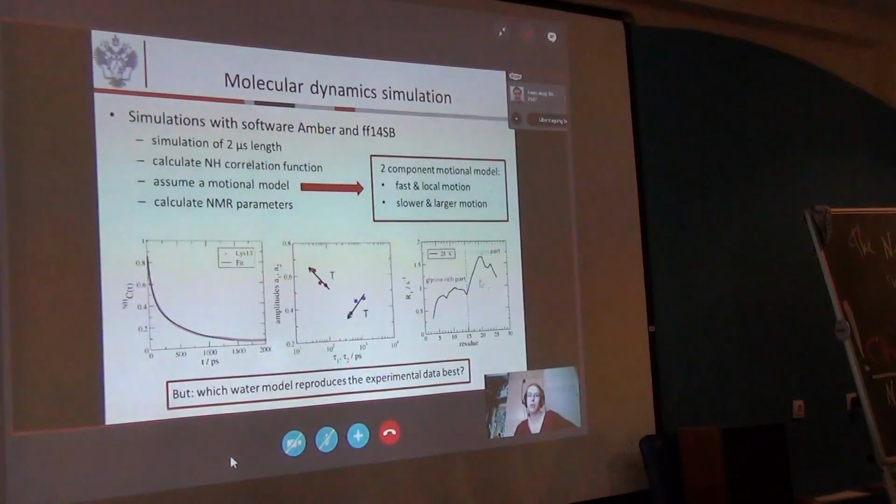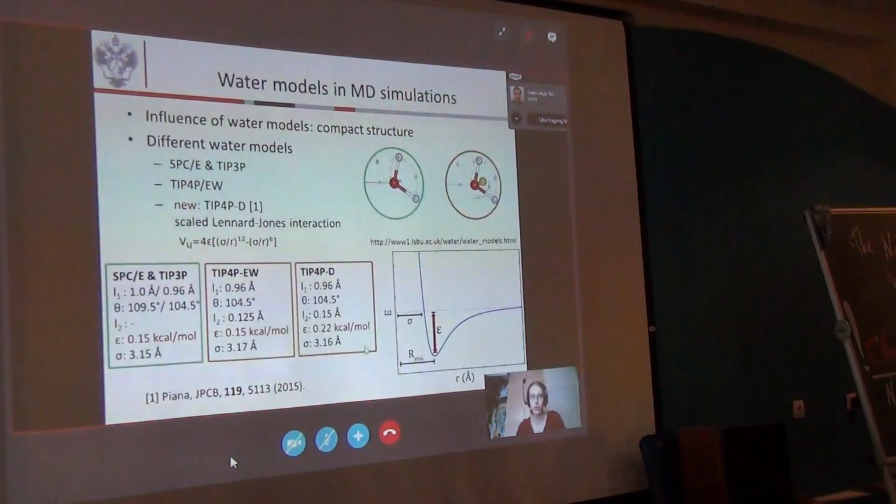We performed the simulation with different water models and wanted to know which of the water models leads to the best reproduction of the experimental values. The water models in principle have been shown to influence the compactness of the structure.